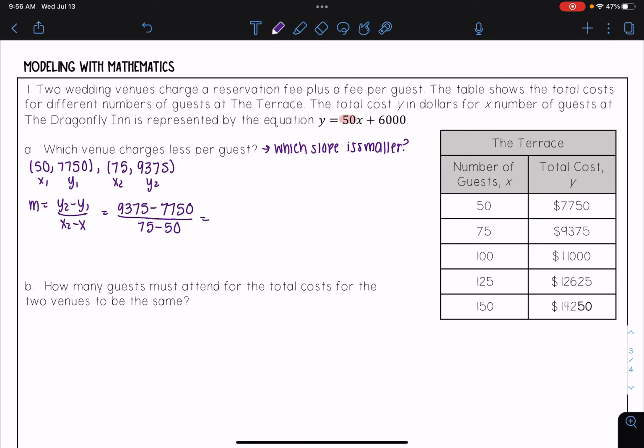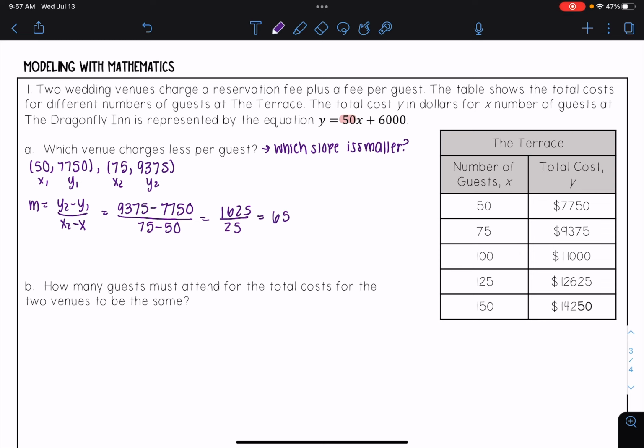Well, going to my calculator, 93.75 minus 77.50, I get 16.25 over 75 minus 50, which is 25. And then when I divide those two numbers, 16.25 divided by 25, I get 0.65.